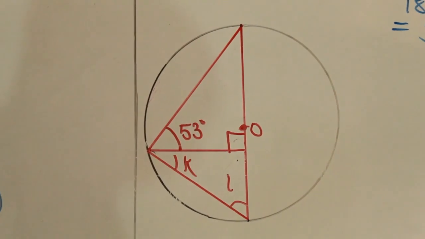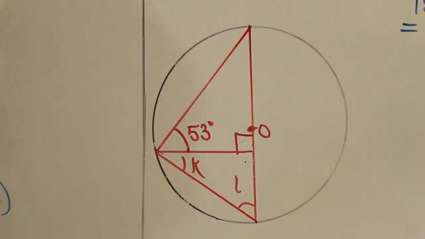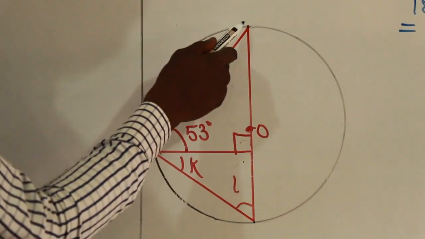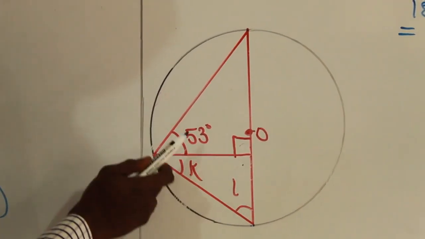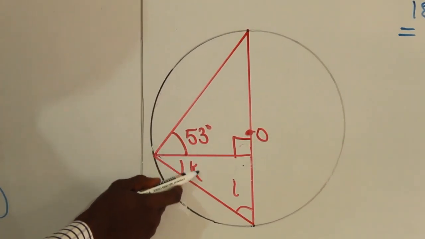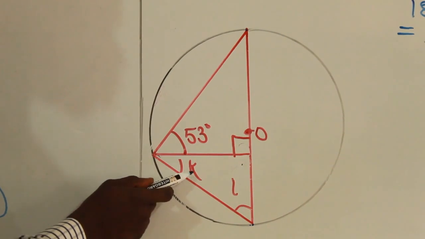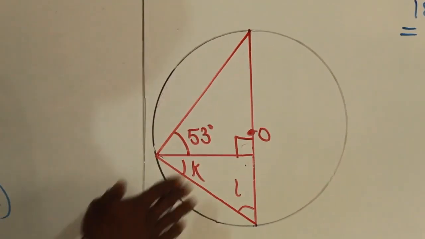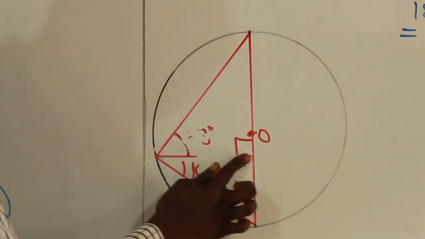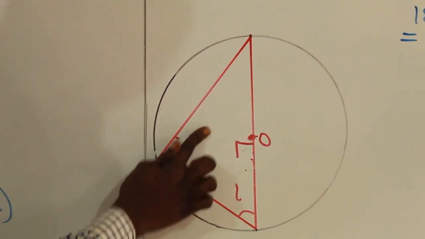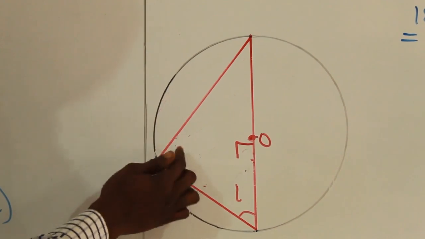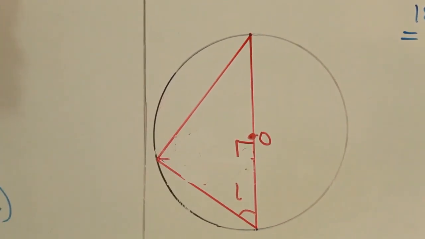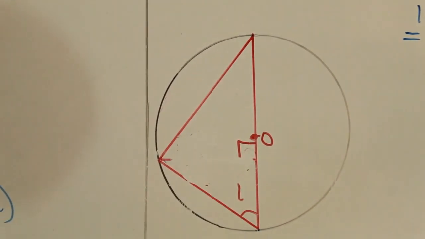That means that this line is the diameter of the circle. This line being the diameter of the circle means that the angle formed here is equal to 90 degrees. Remember, it is easy for me to remove this line here and understand that the whole of the angle formed here is equal to 90 degrees.